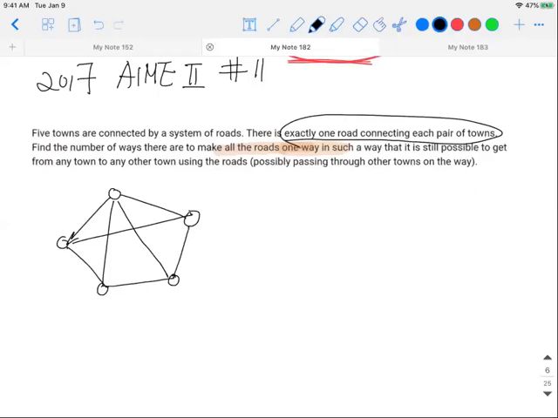Every 2 towns among the 5 must have 1 road connecting them. With 5 towns and every 2 connected, in total you have C(5,2), which is 10 roads connecting these 5 towns.